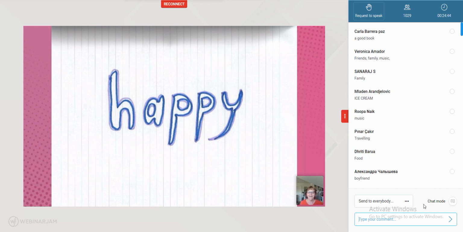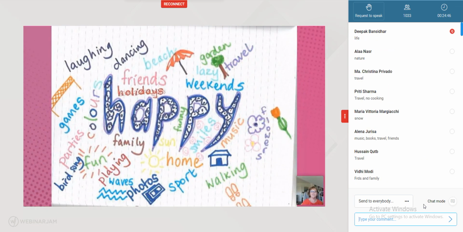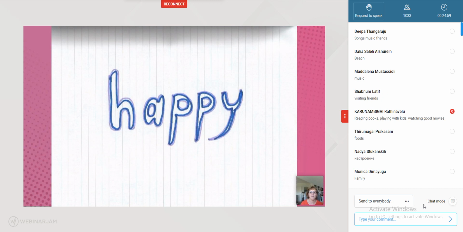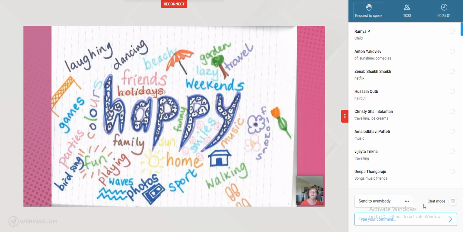Oh, okay, this is what I wrote on my what makes me happy. Okay, so you can see that I took that word, I decorated my happy, I added flowers because they make me happy, and I added some activities and things that make me happy.